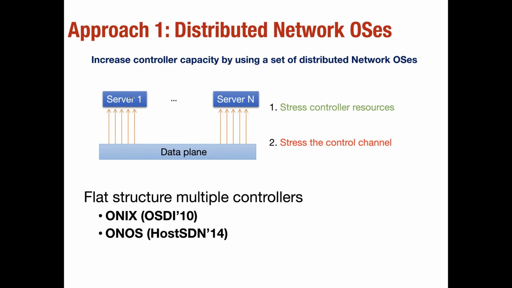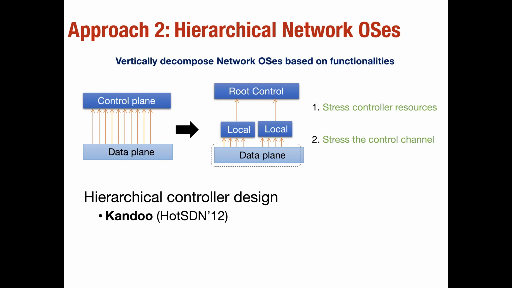Okay, if you have these different instances, then you will be able to reduce the controller resources, but the control channel might still be stressed, right? Because we are still sending too many messages to these servers, and they might still be facing challenges in handling that type of information, and also saturating the link capacity that we have for this control channel. So the alternative approach that people started exploring was to have a hierarchical design, right?